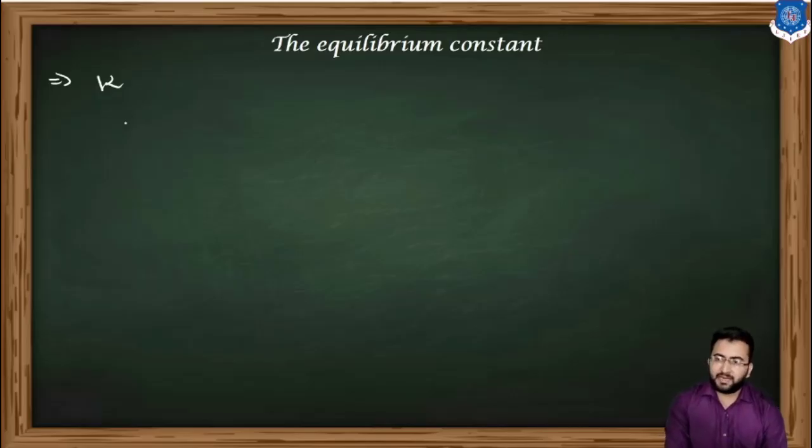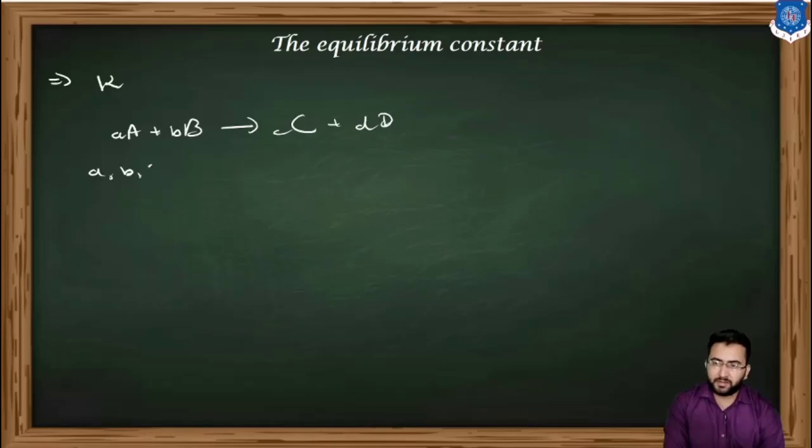To understand this, let's consider the reaction small a into capital A plus small b into capital B gives small c into capital C plus small d into capital D. So small a, b, c and d are the stoichiometric numbers, where capital A, B, C, D are chemical compounds.